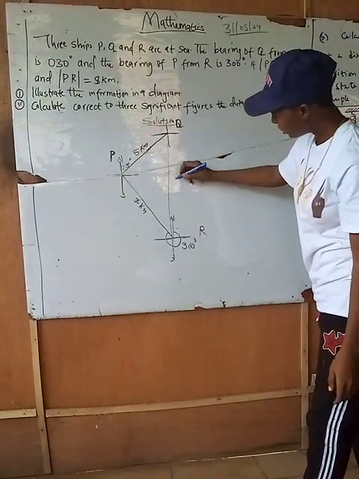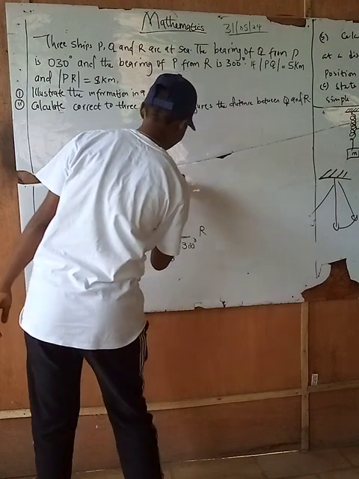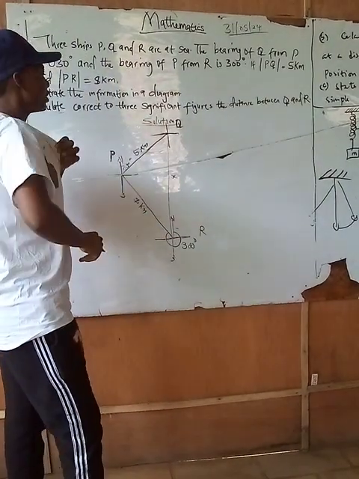And then we're going to represent this place to be X because we don't know our distance, right?